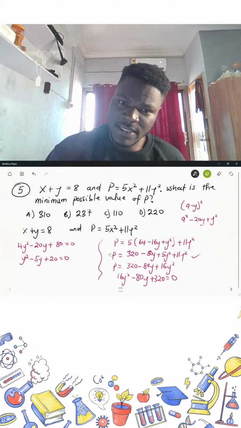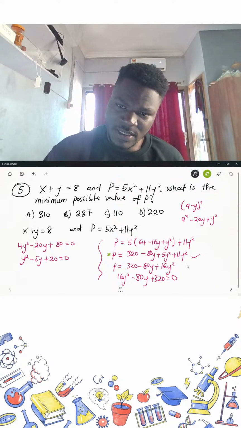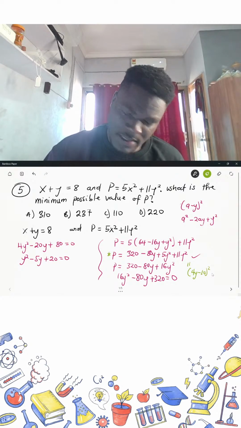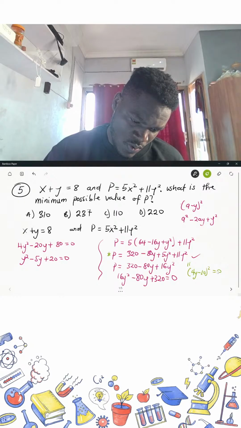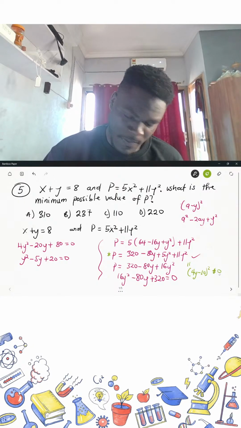From here, what they now have is this expression is equal to 4y minus 10 squared, plus 220, and this is equal to 0.